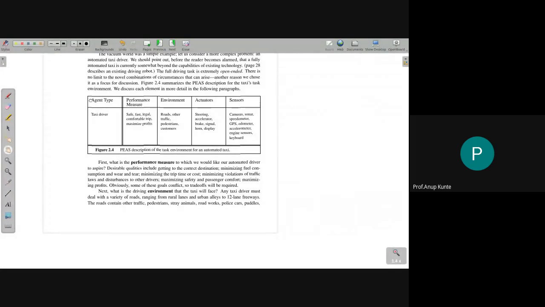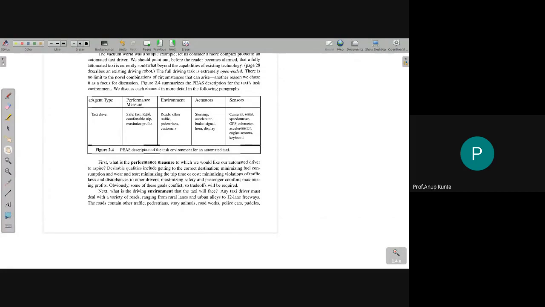But while the time is saved, the customer should not be taken through an area in the city which is not good for travel, maybe having many potholes, or where traffic is less but there are a lot of signals in between. There could also be legal restrictions, whether the customer feels the trip is comfortable or not, and maximizing the profit.